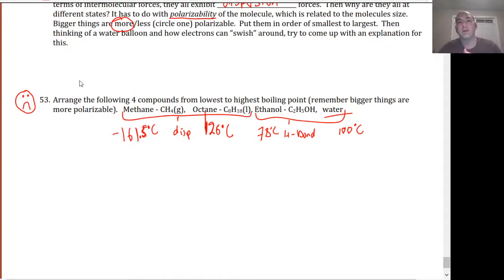And then you can actually look it up to confirm that, because you can look up boiling points. Now, nothing in mastering chemistry or on exam should ever be like this, because obviously this goes against our expectations, and that's not usually how we do things. But if you do need to find out this information, you can look up boiling points.